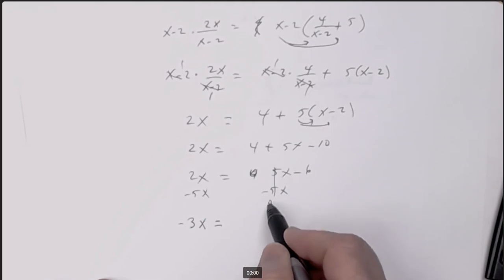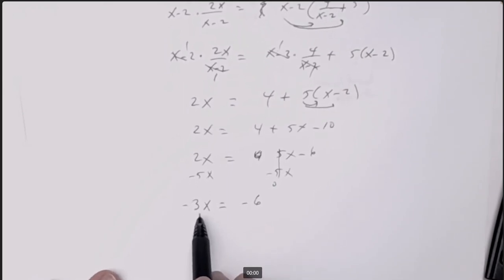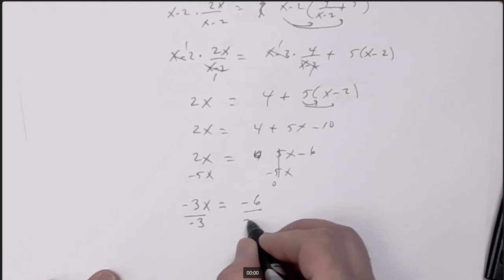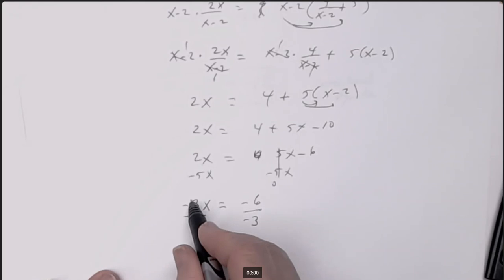To get x by itself, you're going to divide both sides by negative 3, because right now I'm multiplying by negative 3. Negative 3 divided by negative 3 is 1. 1 times x is x equals negative 6 divided by negative 3 is a positive 2.